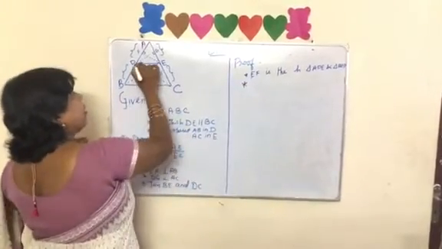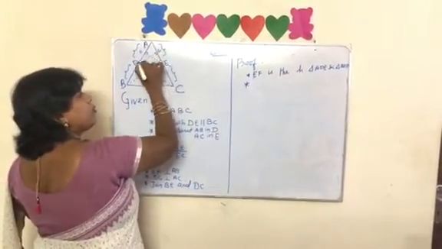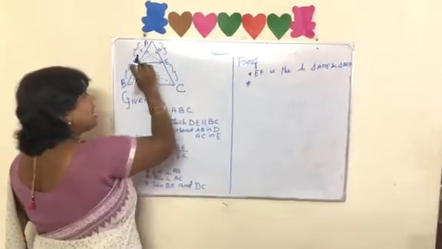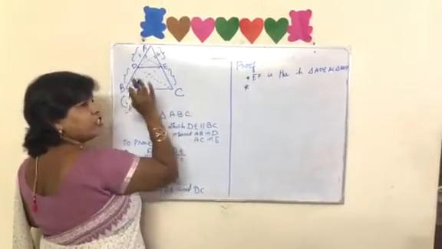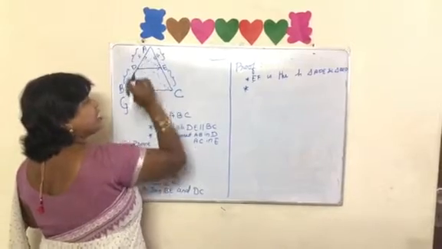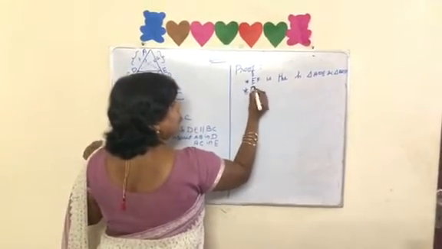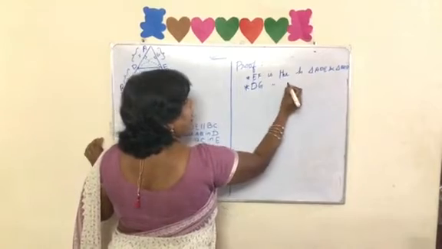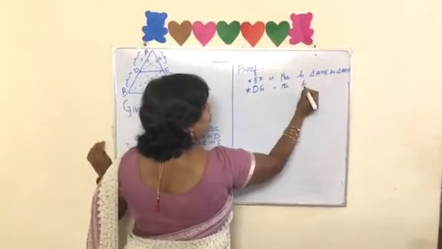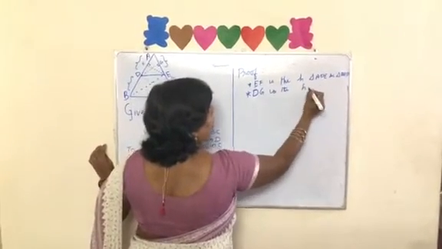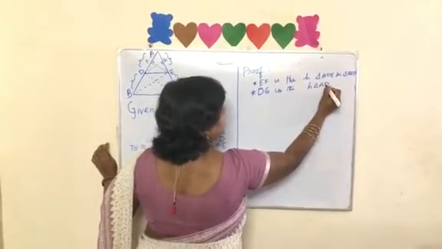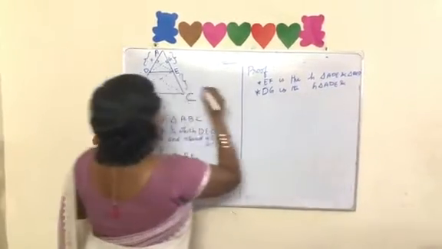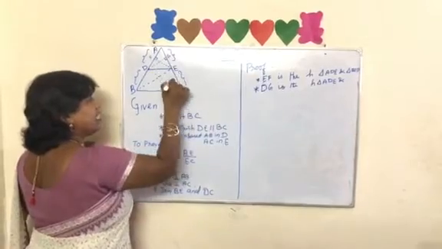The next line, DG, which we drew as the perpendicular, should be the height for these two triangles. DG is the height of triangle ADE and triangle DEC.